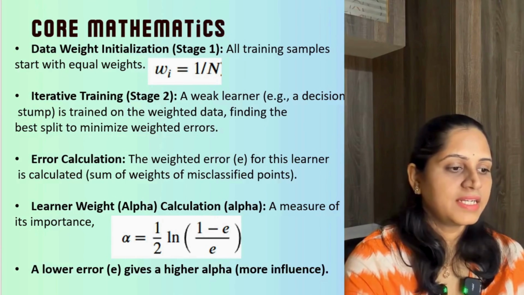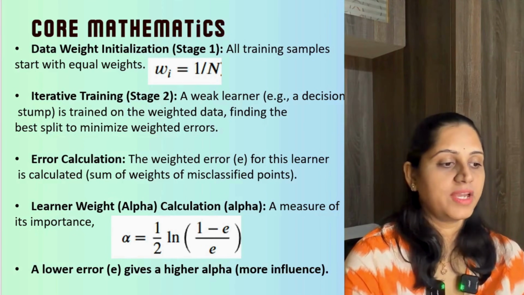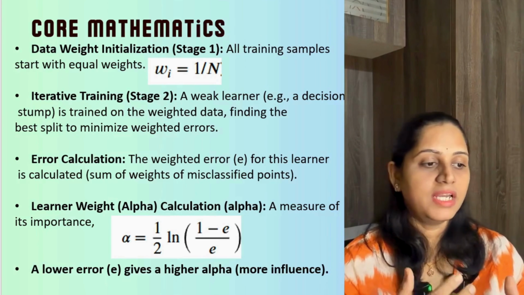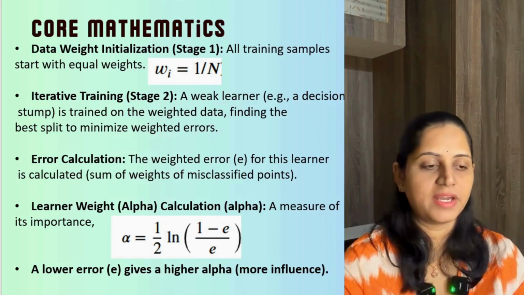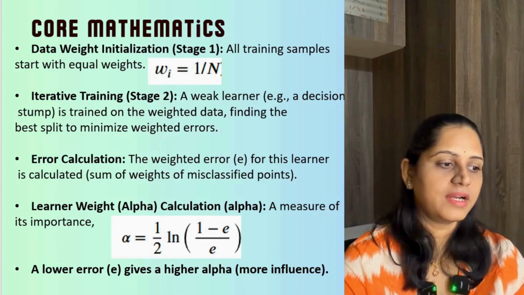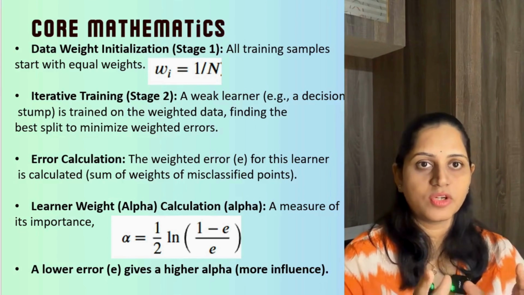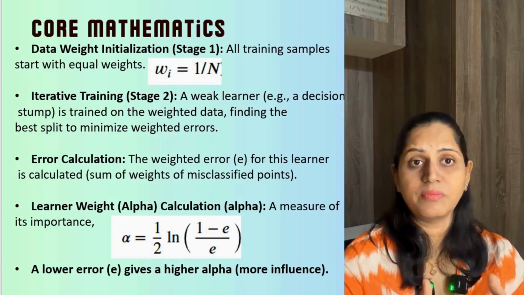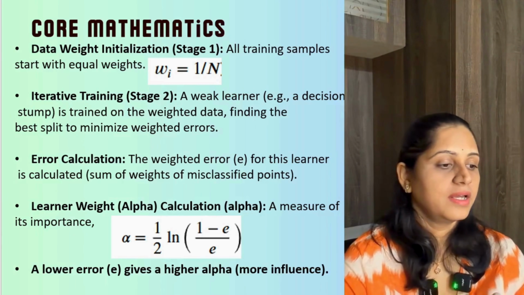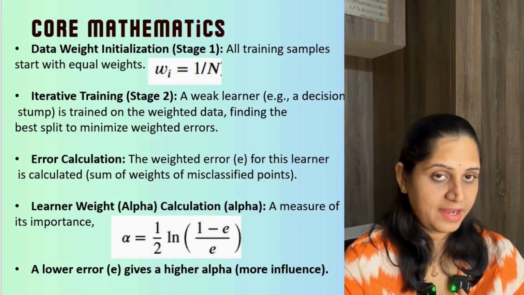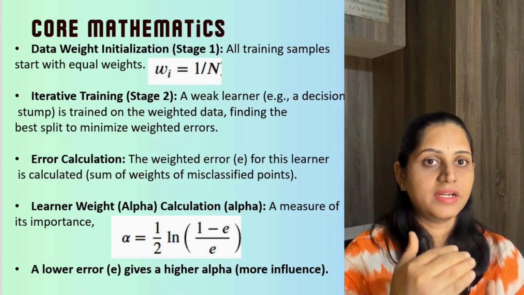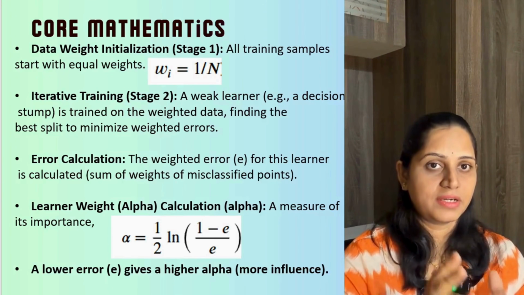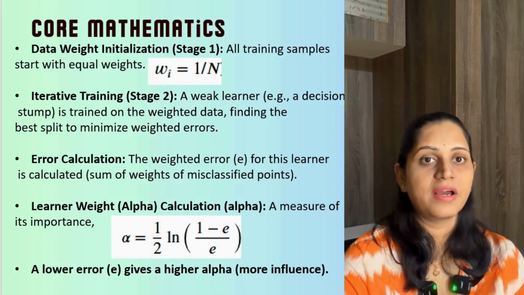Then iterative training. This is stage 1, then we have stage 2. In stage 2, each weak learner is trained on the weighted data, and it finds the best split to minimize the weighted error. After training with those weights, we calculate the error.